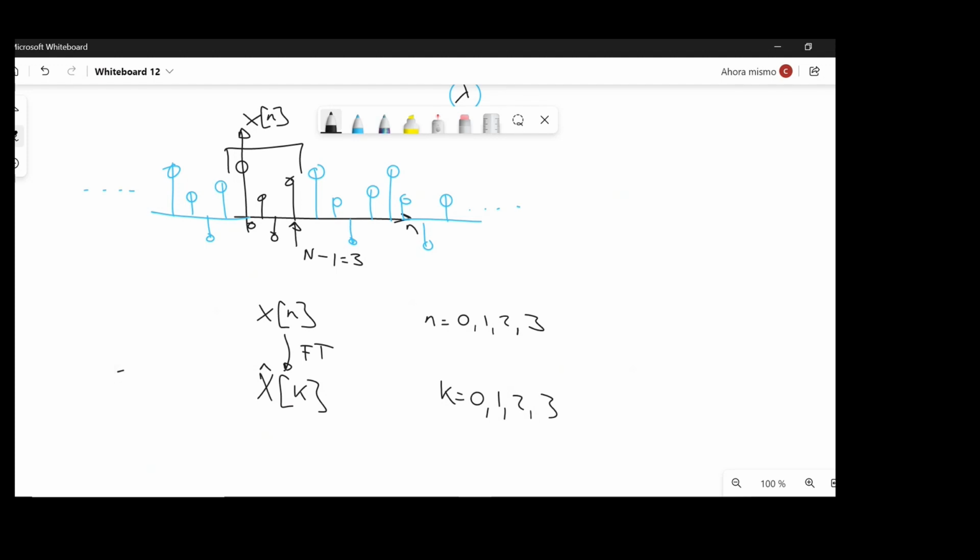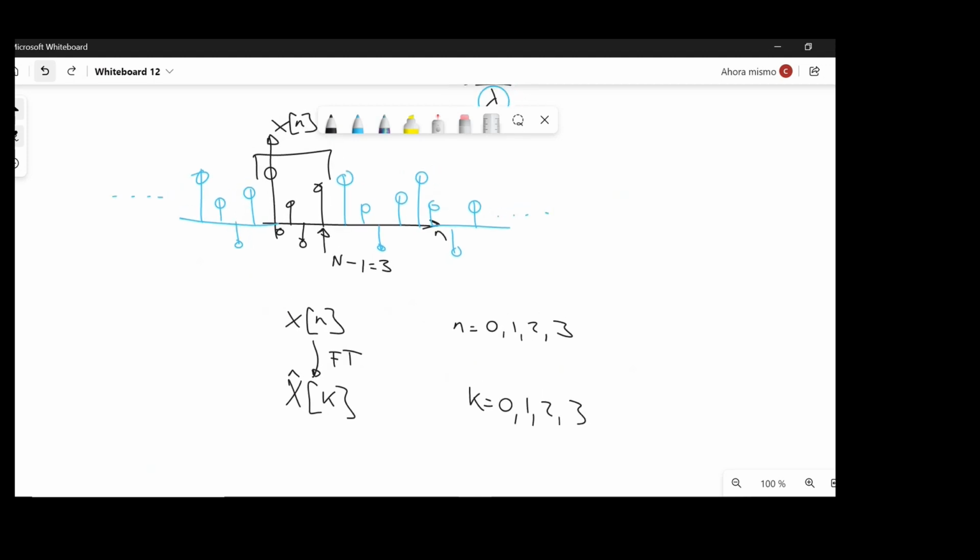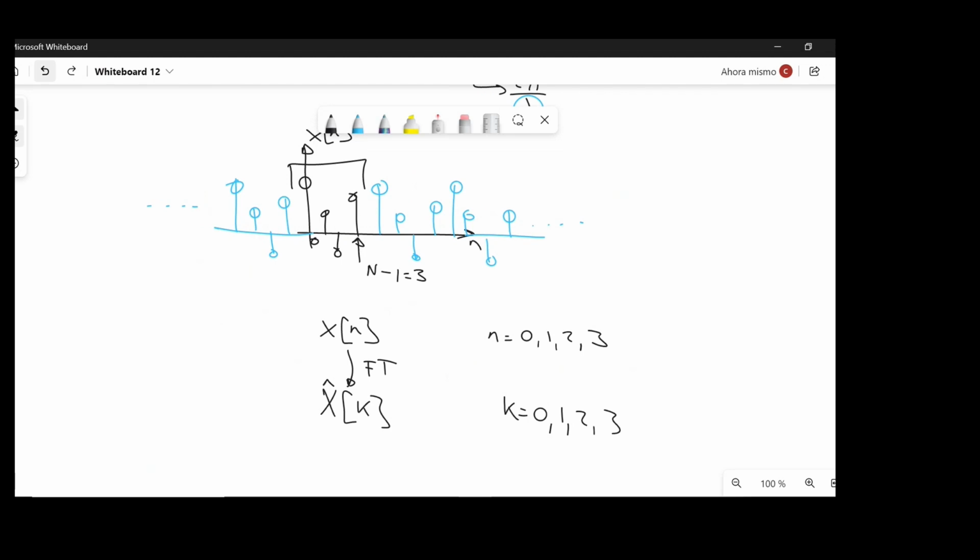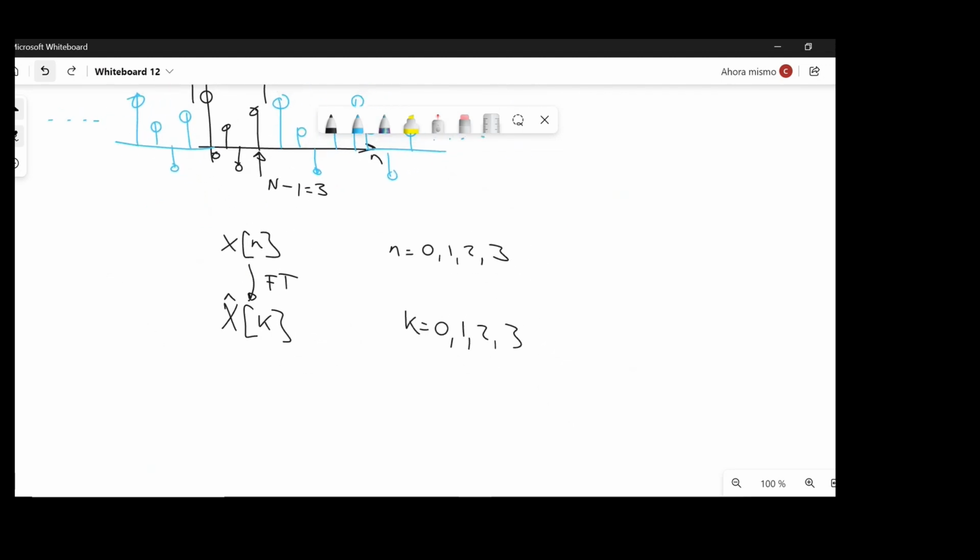So if this has 4 coefficients, this one also has 4 coefficients. Okay, but we know that there is a concept of frequency: each index here is associated to a frequency, and this frequency is 2 pi divided by n times k, when k takes the value 0, 1, 2, 3.